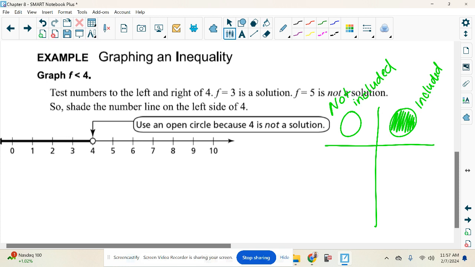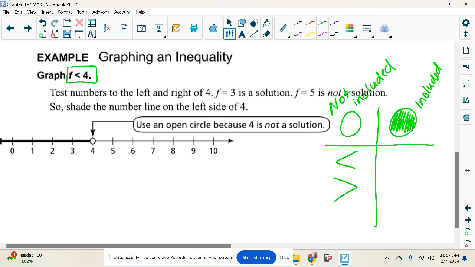When we have the less than symbol, it's an open circle when we graph it, because can a number be less than itself? No. So right here they gave us f is less than 4. Can 4 be less than 4? No. But is 3.999999 less than 4?